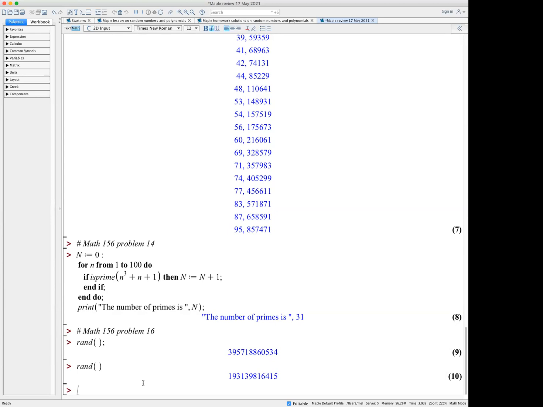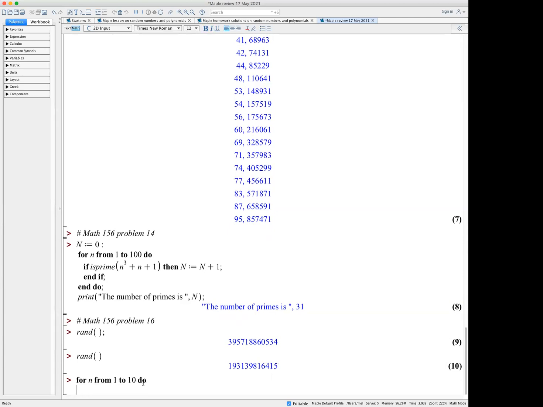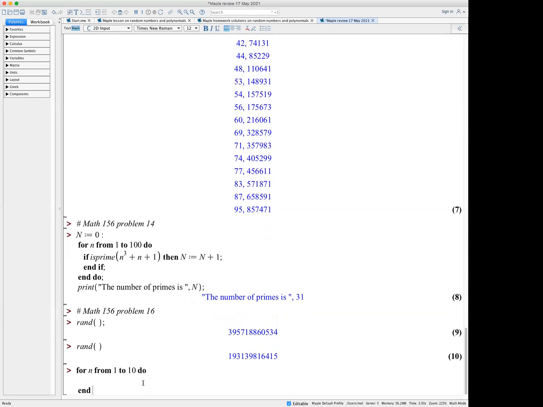So all you have to do is the following. For n from 1 to 10, do, because I want to do something 10 times. And let's say, suppose we let a be this random number that we're generating.